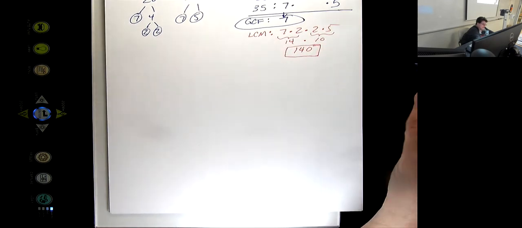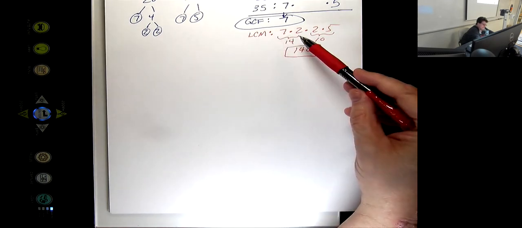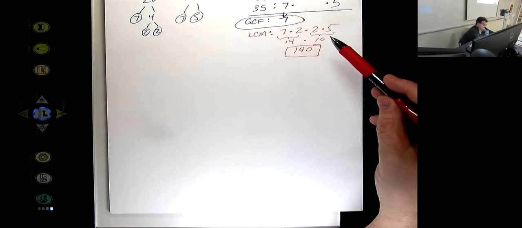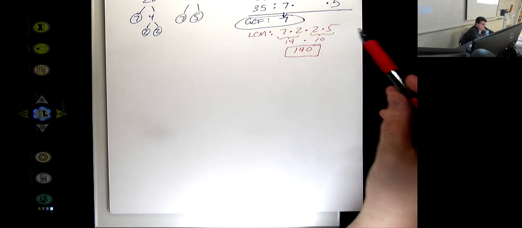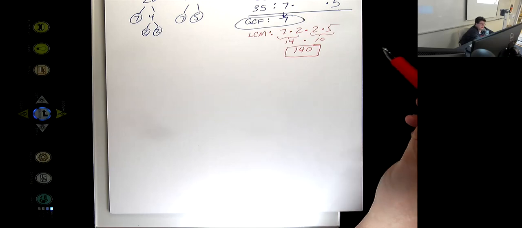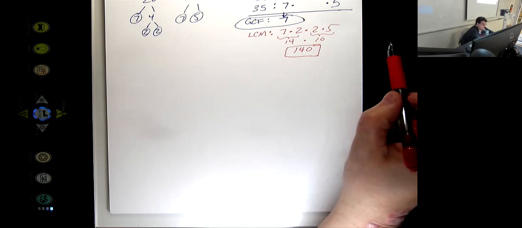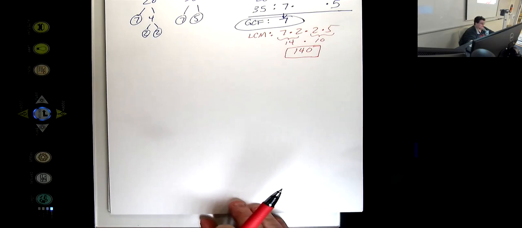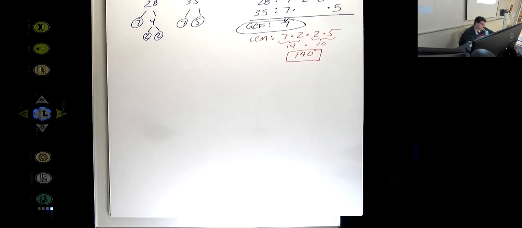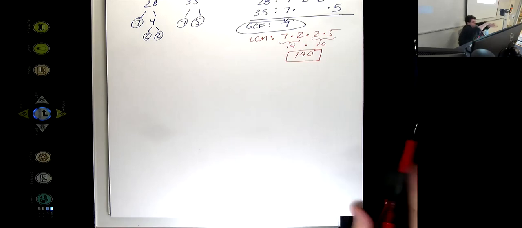If I were to go left to right, I'd have 14, and 14 times 2 is 28. Then 28 times 5 is going to make me stop and think, and it's going to make a lot of other people grab a calculator. But I didn't need a calculator the way I did it. I generated stuff that's on the multiplication table. So that's how we find it for 2 numbers.